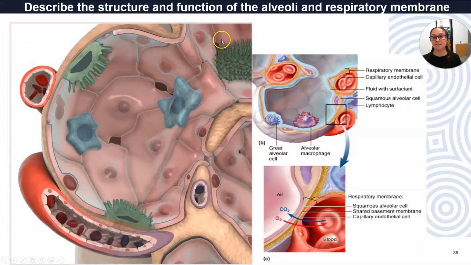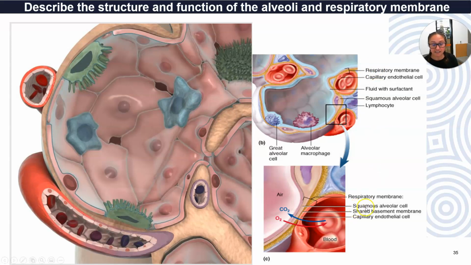All right, so let's have a look at one grape, so one alveolus. What is in here? Lots of things. We have something called the respiratory membrane. Now that is crucial. That is a really important structure, okay?